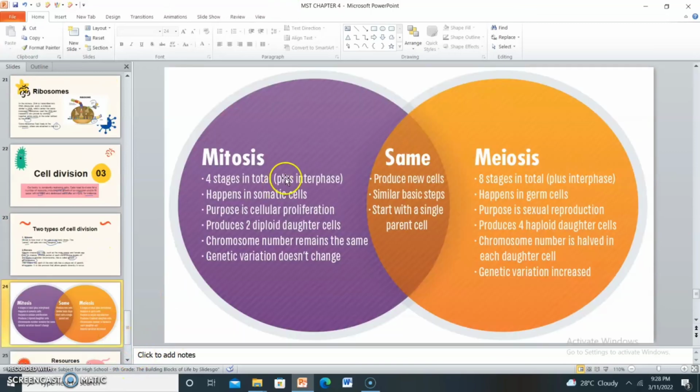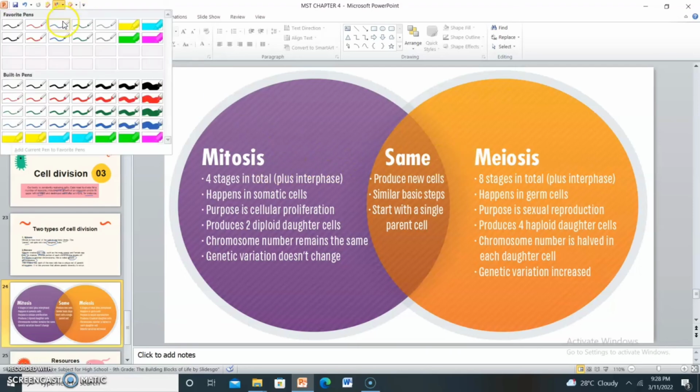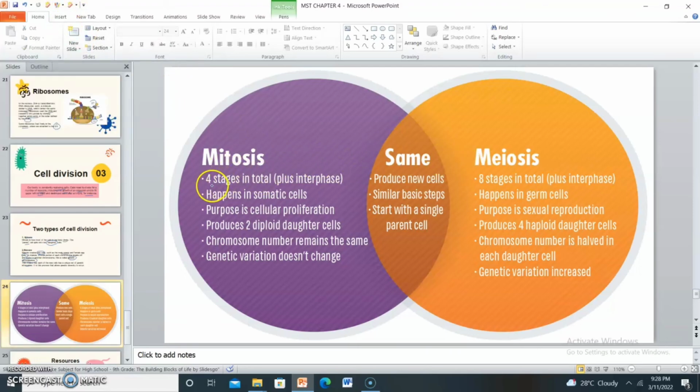So what is the difference between mitosis and meiosis? Mitosis has 4 stages in total, plus interphase, while meiosis has 8 stages in total, plus interphase. Mitosis happens in somatic cells, while meiosis happens in germ cells.